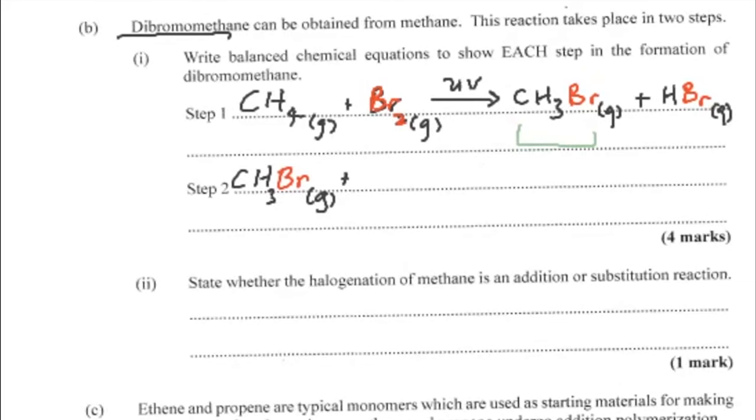And we're going to subject this to more bromine, again with UV light, and this time we're going to take off another hydrogen. So we now have 2 remaining. So it's CH2Br2, which is a liquid, and again we would have HBr.